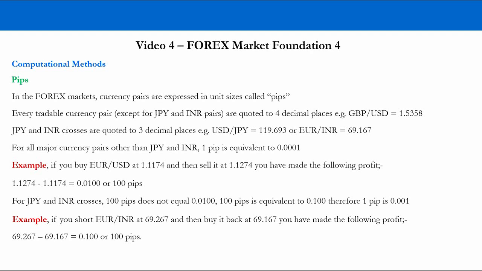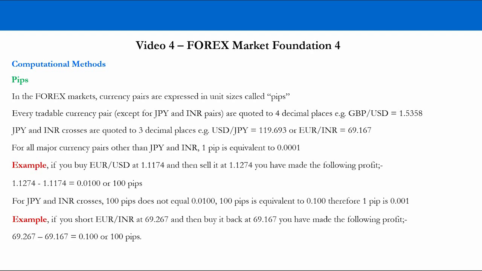So for example, if you bought euro dollar at 1.1174 and then sold it at 1.1274, you will have made 100 pips profit. So you just minus 1.1174 from 1.1274.